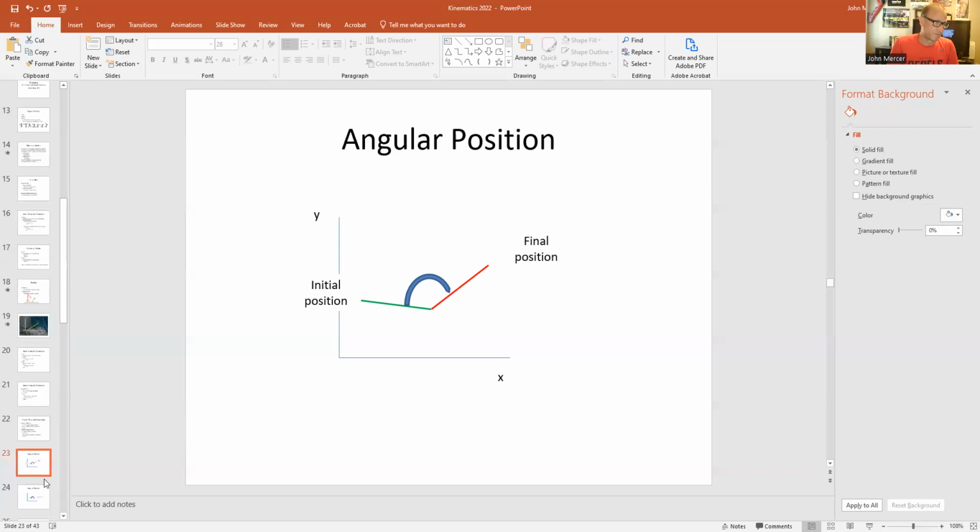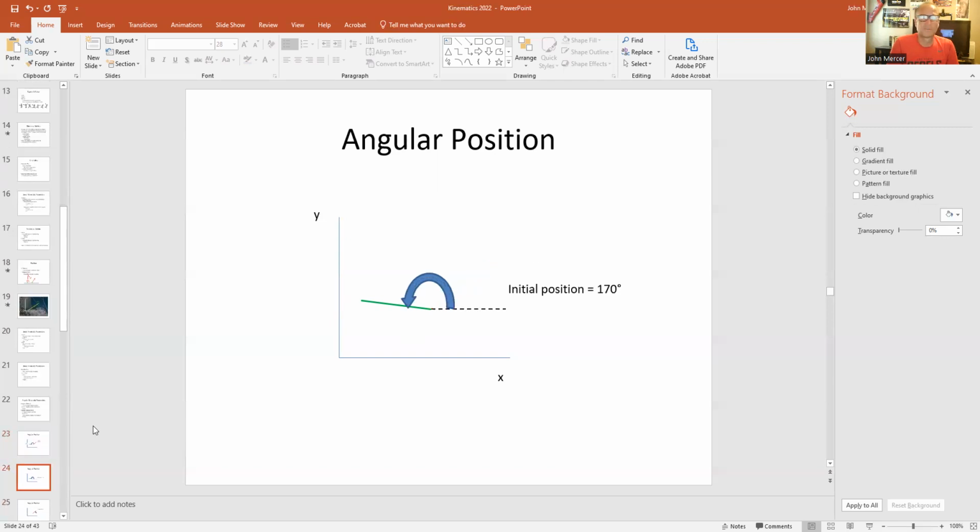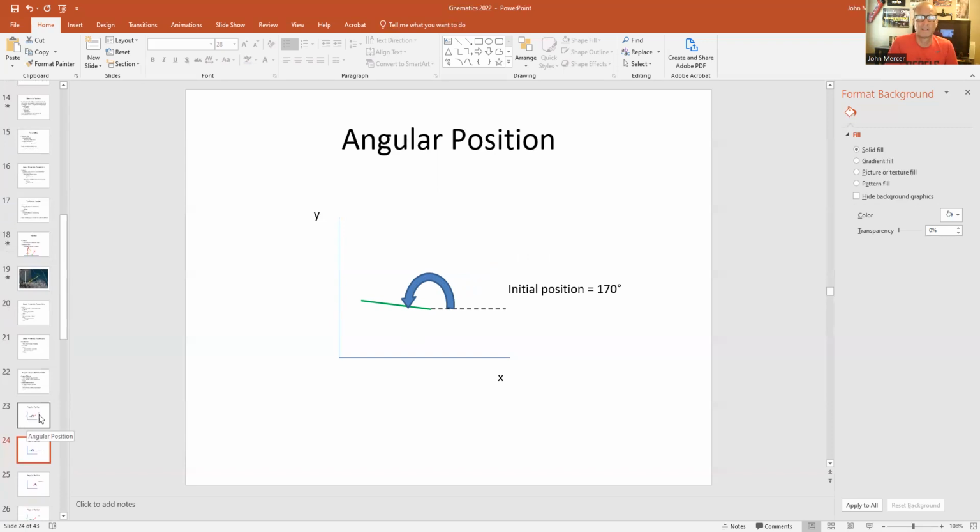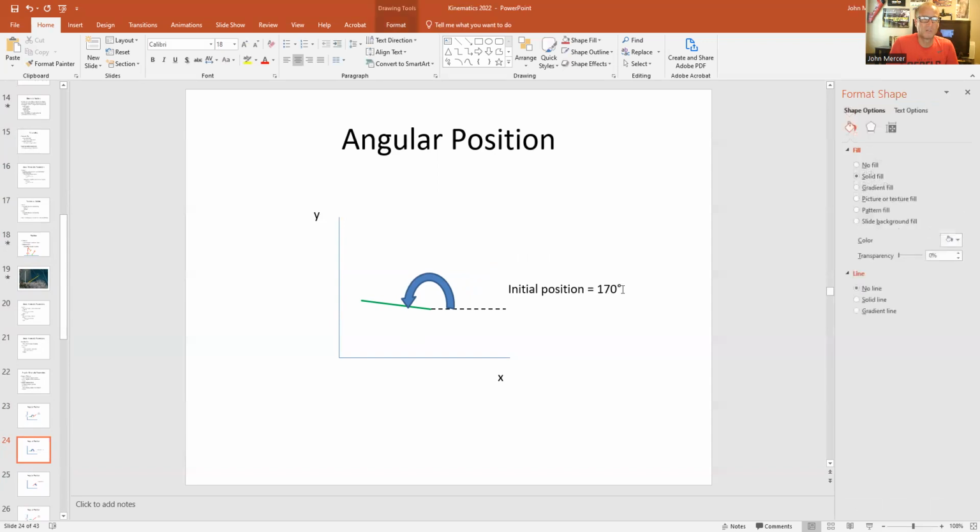All right, let's go through this. The first thing we need to do is identify angular position. I've got another video on angular position, but for right now, I'm drawing this reference line to the right, and I'm taking the angle between this reference line and my segment of interest. In the initial position, I'm going to describe using angular units 170 degrees.